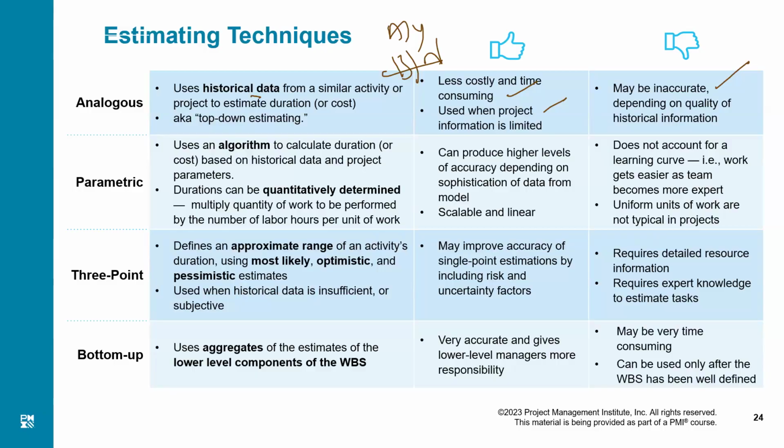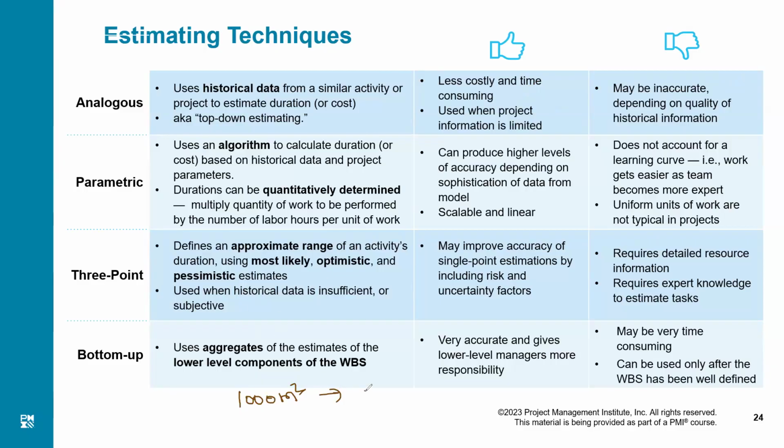Let's take an example. Let's go for cost, then we'll talk about duration. The area of construction is 1000 meters square, and I want to calculate how much it will cost me to finish that particular work, let's say a project. So I'll take a parameter.